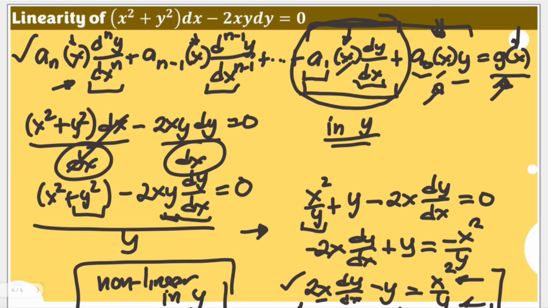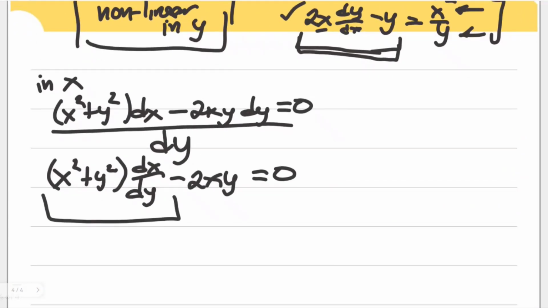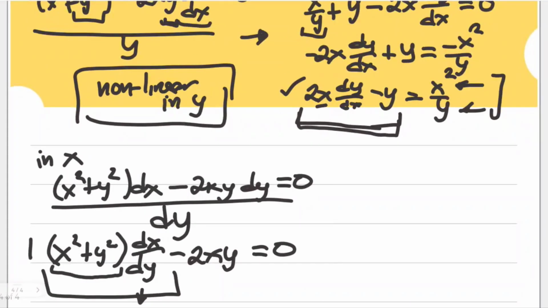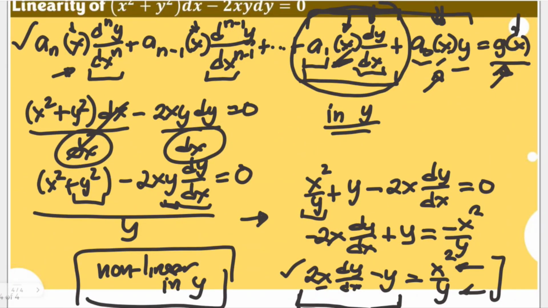What you can see, yes, you can say that your constant is 1. It follows that. This is your first order derivative of x in terms of y. But your variable here is not y alone, because it should be y alone here. It should only be y so that it could satisfy the idea of linearity.